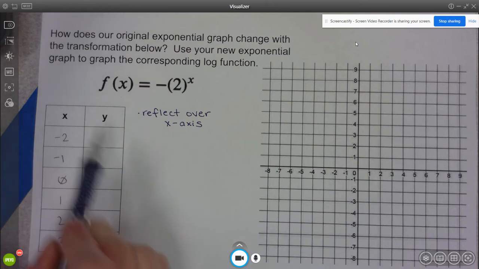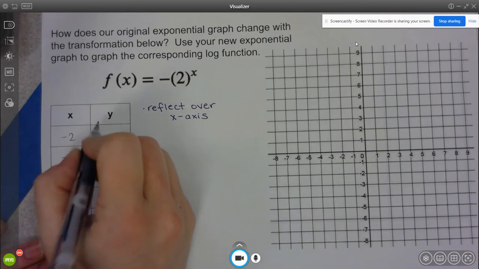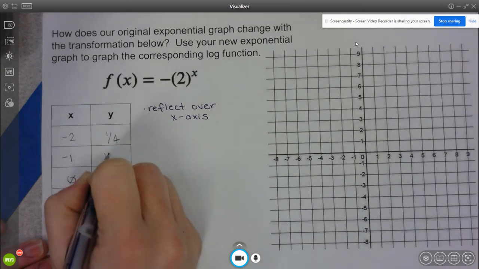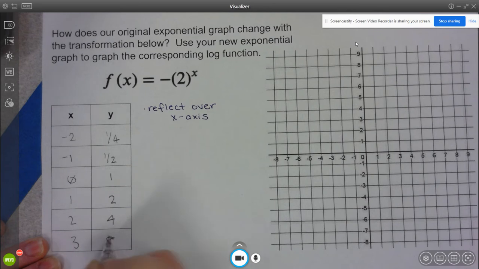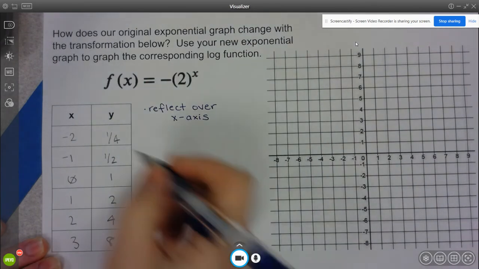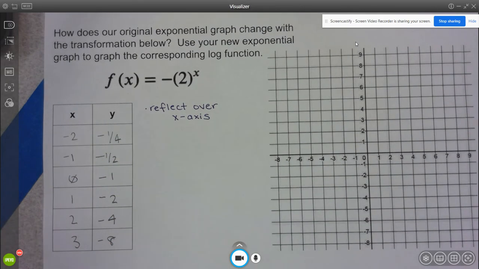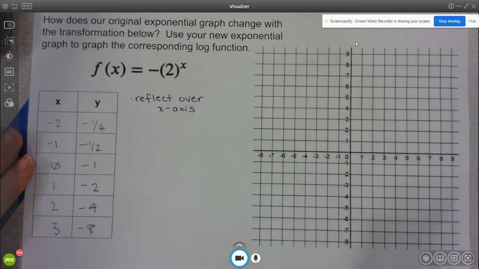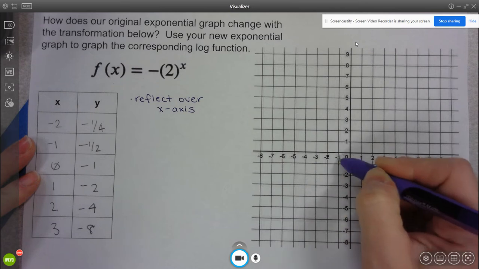So all of these original y values are just going to be negative. So before I had a fourth, a half, 1, 2, 4, 8. This was if it was just 2 to the power of x. Now because this is negative, I'm truly just making all of these negative. So graphing these, -2, -1/4.